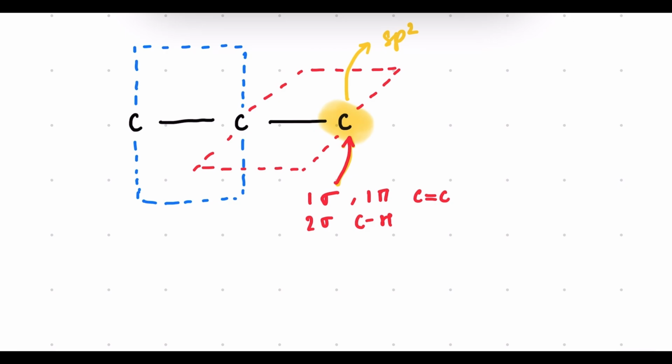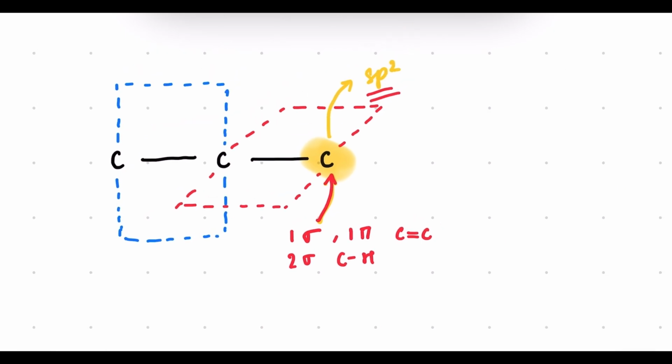So when it comes to an sp2 carbon, we know that no matter what atom it is, if it's sp2, it has a certain shape. This shape for an sp2 is trigonal planar. So we've got a trigonal planar shape for an sp2 carbon.